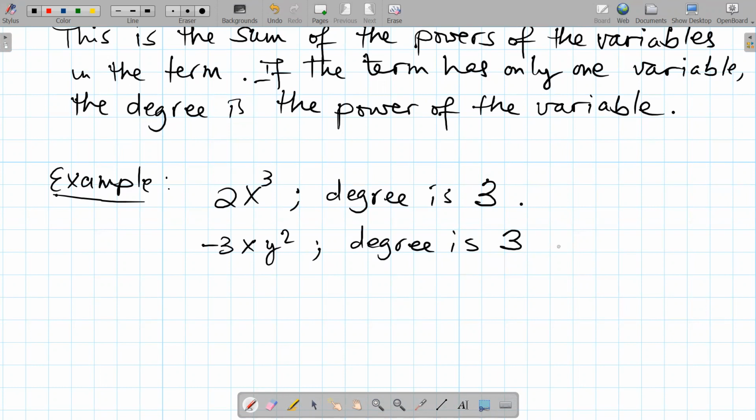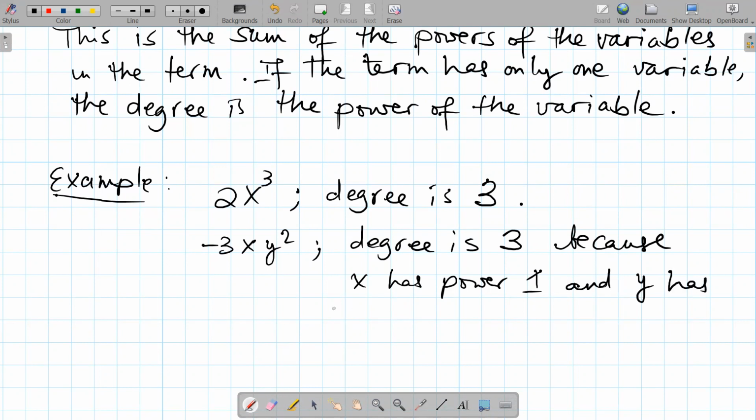The degree is 3 because x has power 1 and y has power 2.